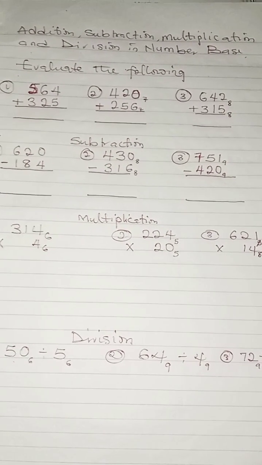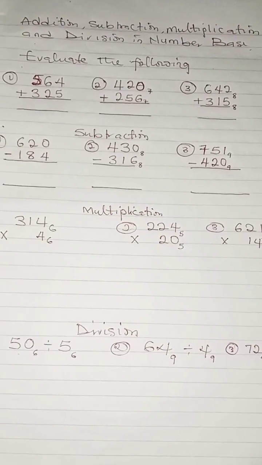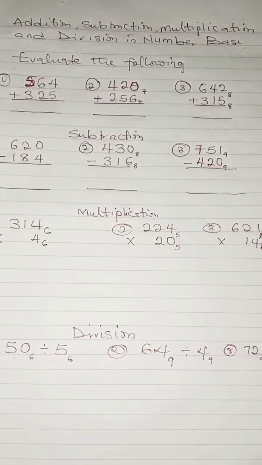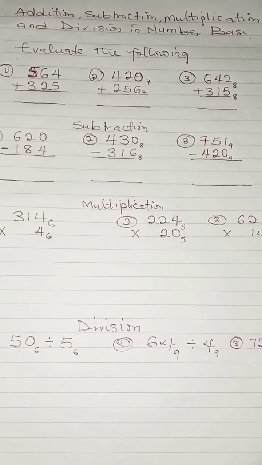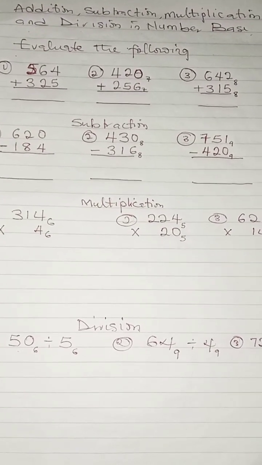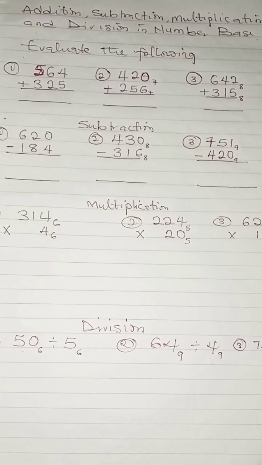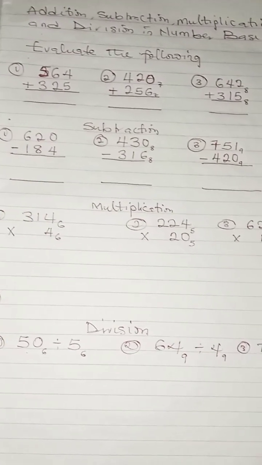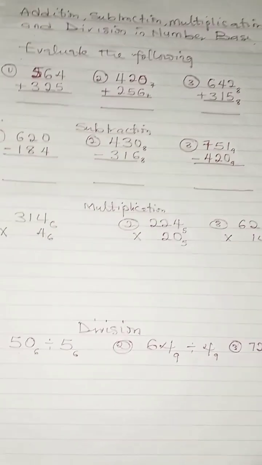So anytime you see a value without any base indicated, just know that that value is carrying an imaginary base, which is the original base of every whole number, which is base 10. That's the original base of all real numbers, all natural numbers. The natural original base is base 10.